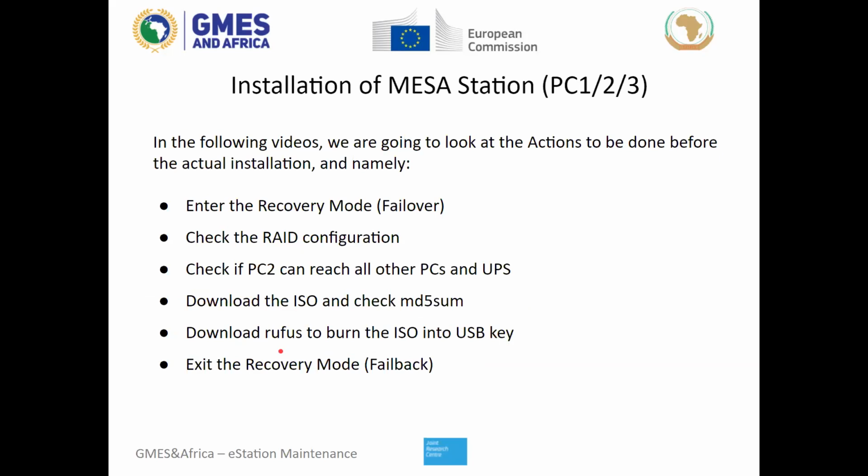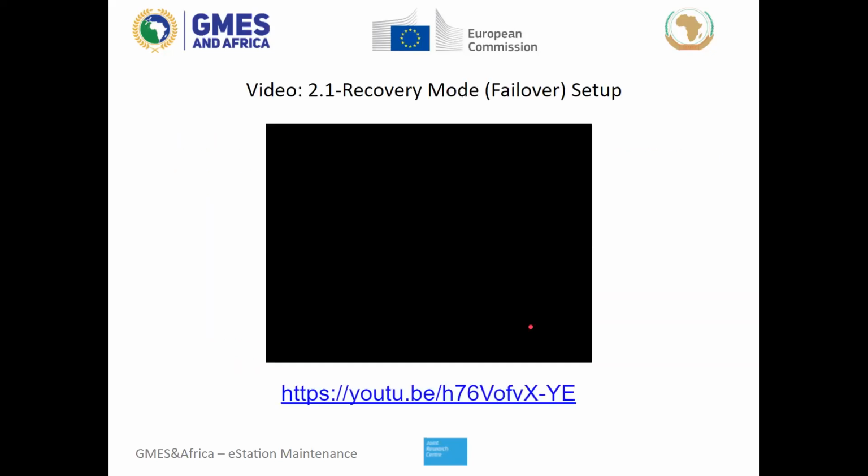There is also an option to have the CD, but it became a non-standard or uncommon approach. So we always suggest our users have a USB key, not less than 16 gigabytes, to burn the downloaded ISO, and then to start with the installation and then to exit in the recovery mode.